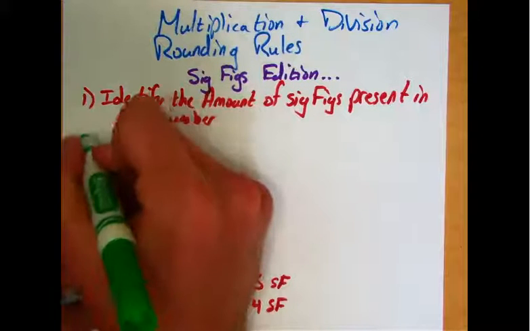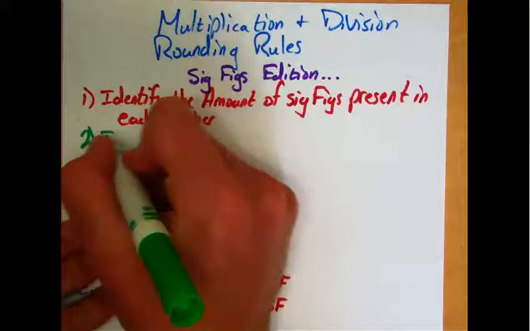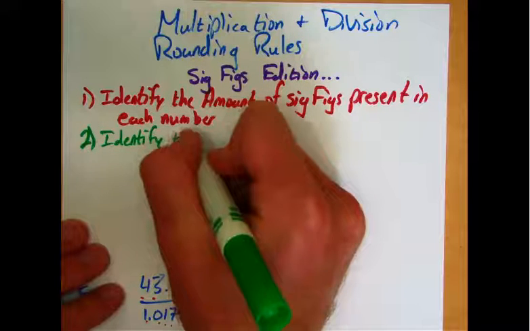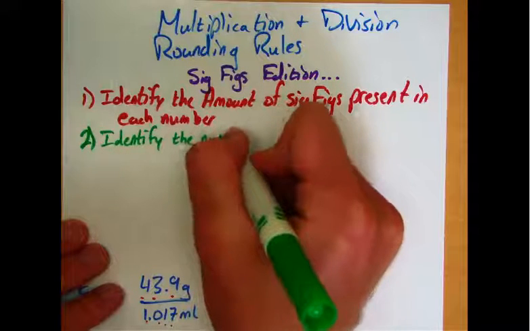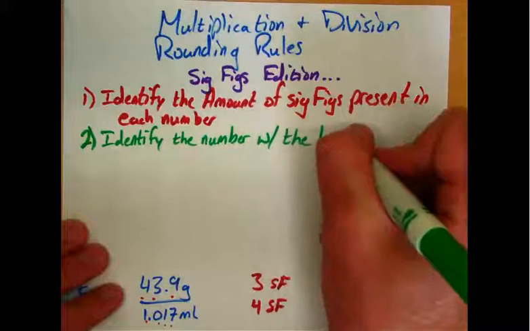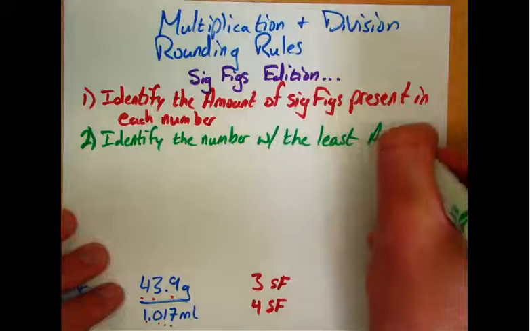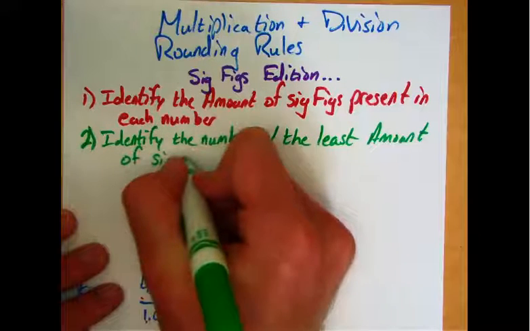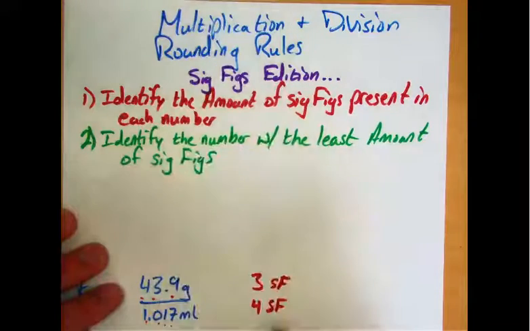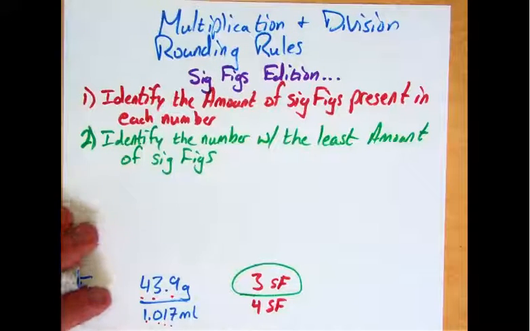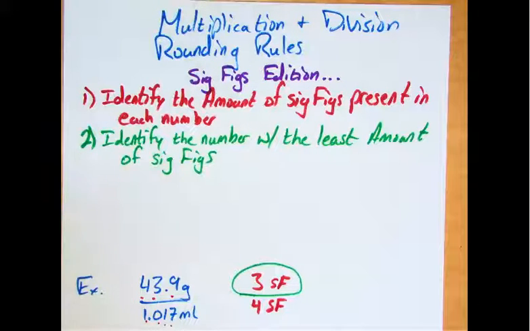Step 2: identify which number has the least amount of sig figs. So in this problem, the number 43.9 with 3 sig figs is currently winning in this category.